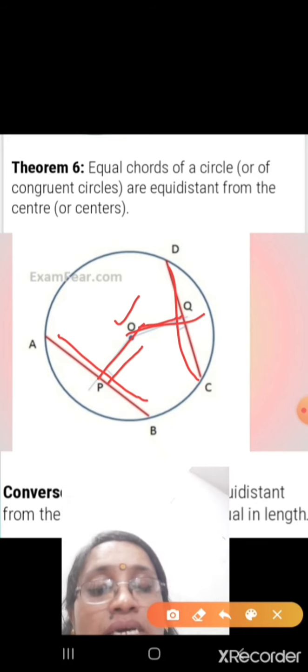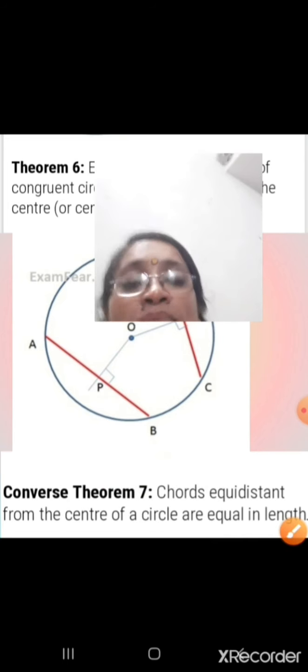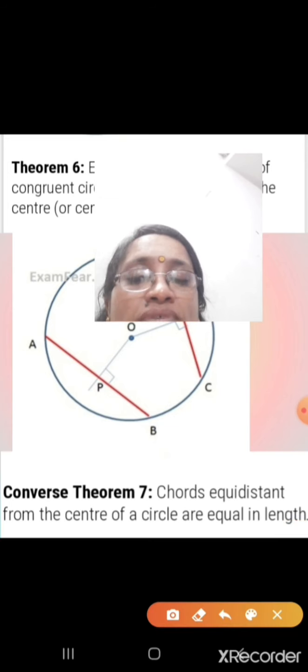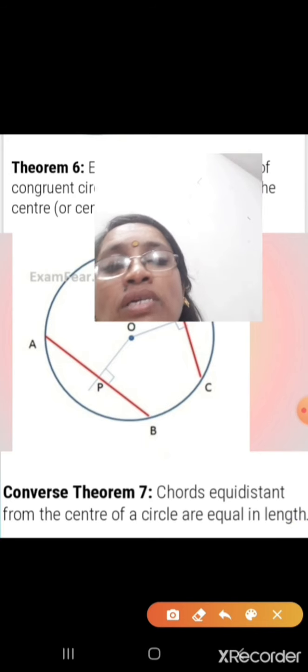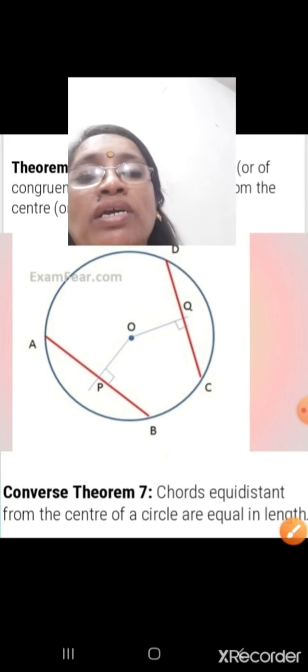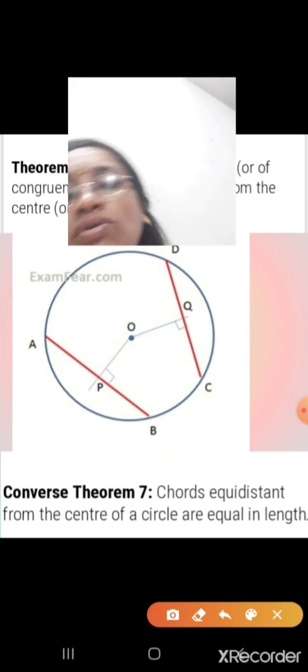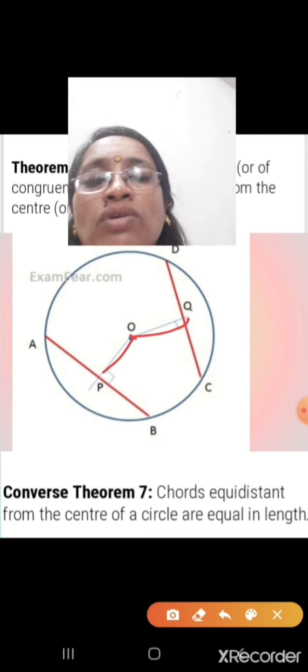The next theorem is the converse of the previous theorem: chords equidistant from the center of a circle are equal in length. If OP equals OQ, then we can say the lengths of the chords are equal. That is, OP equals OQ, then AB equals CD.